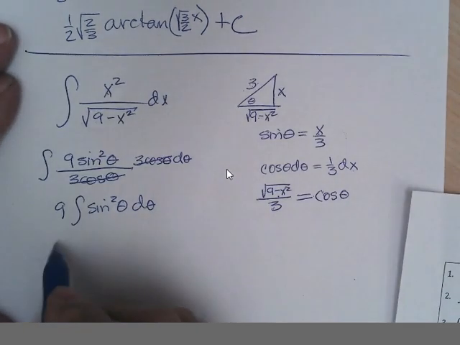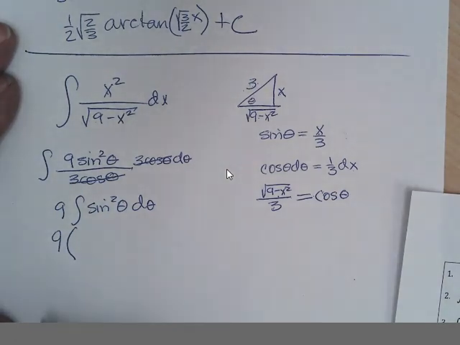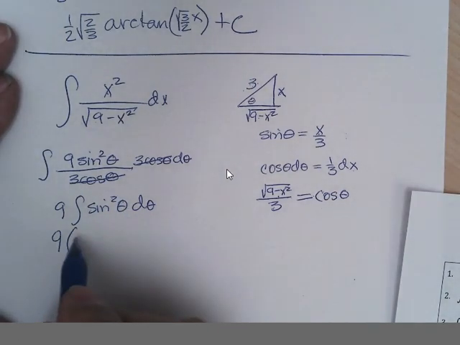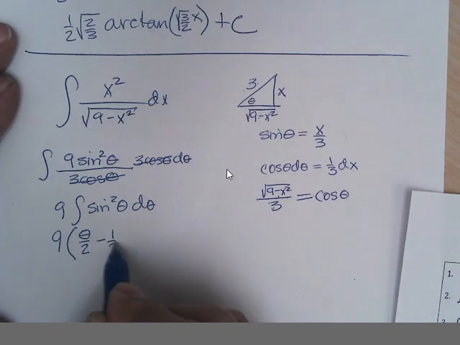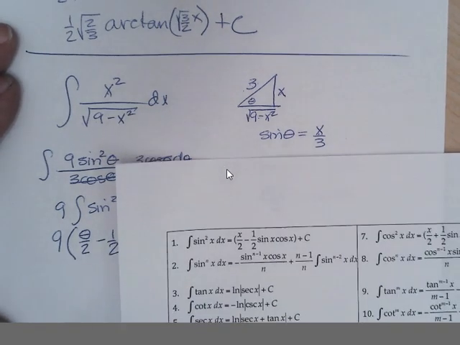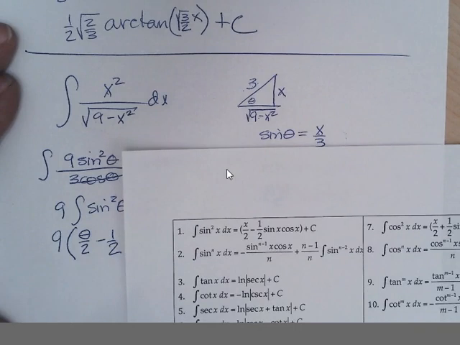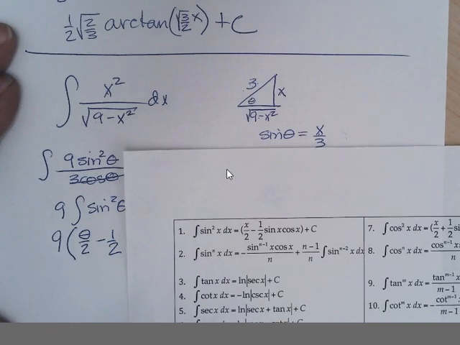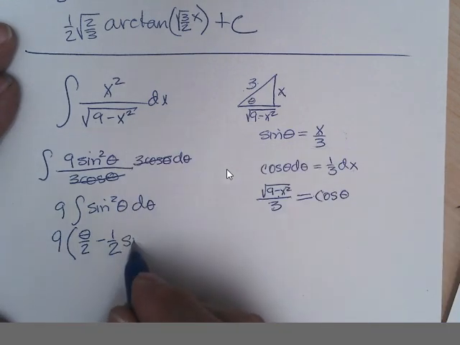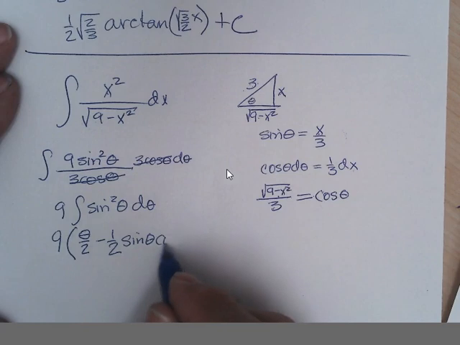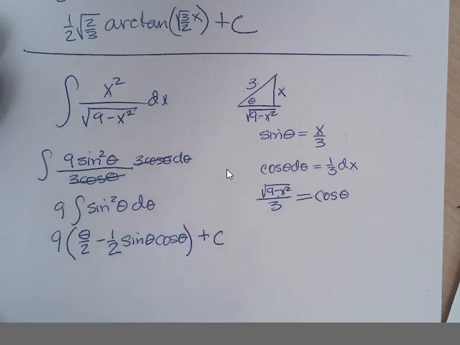So the antiderivative is 9 times parenthesis x, in this case it's theta, divided by 2 minus 1/2 sine of the angle, cosine of the angle, plus c.